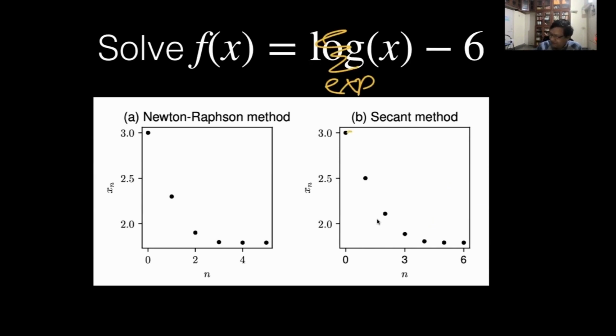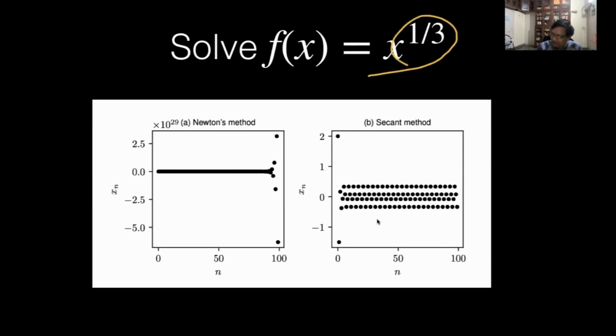You can see the secant method is equally fast in convergence, converging in 5 to 6 steps. But it fails for the cube root of x. The behavior is a bit different: it is not going to infinity, but oscillating between 4 values, going back and forth.